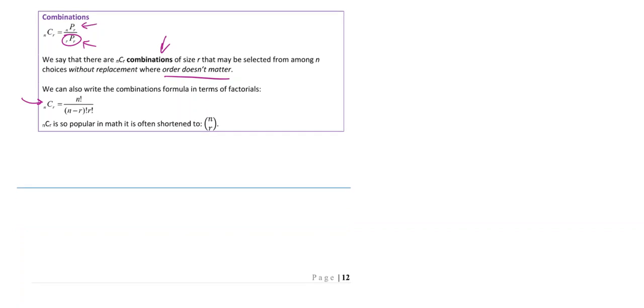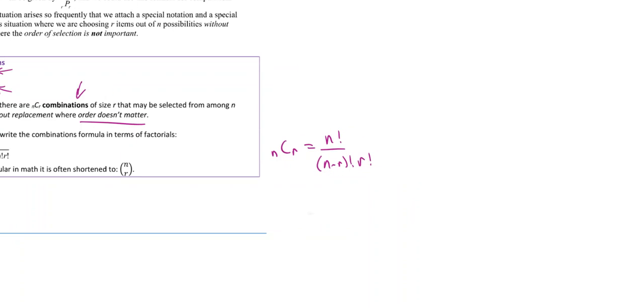So here, for a second, I just want to throw a number in for that one. So NCR is equal to n factorial over n minus r factorial times r factorial. And let's say the question was something like, if there were 9 people, and we wanted to choose 3 of them for a committee or a group, then it would just be 9C3.